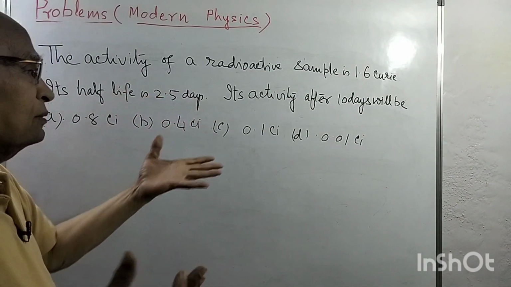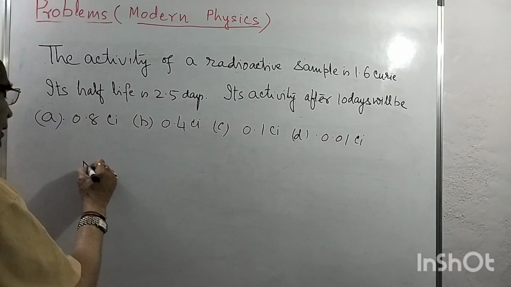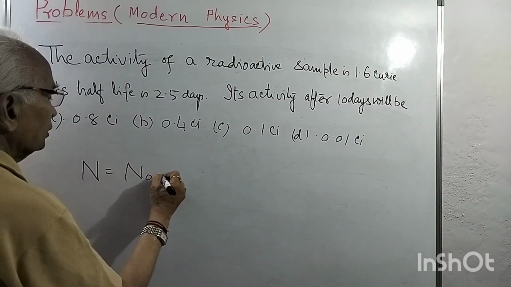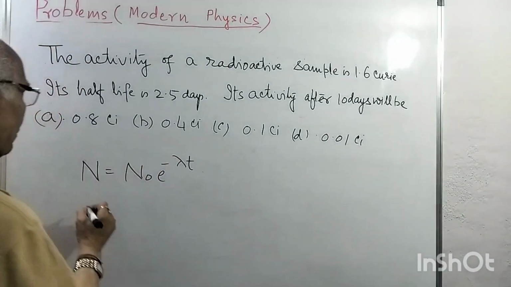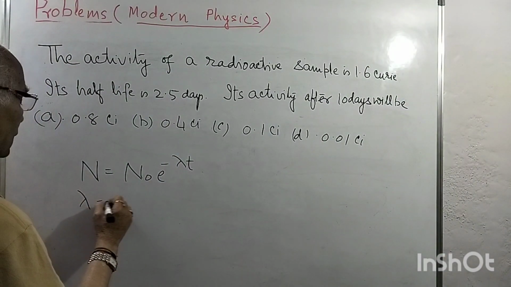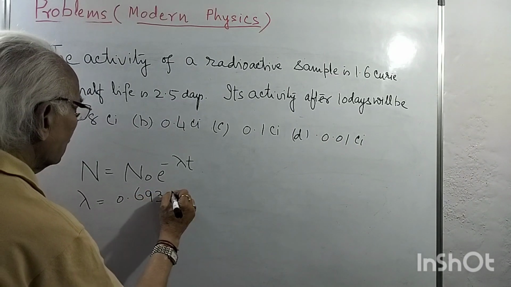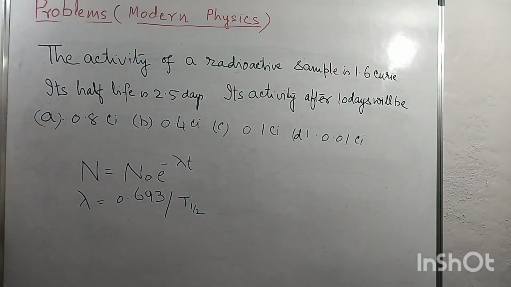To solve this, you use the simple radioactive decay equation: N is equal to N naught e to the power minus lambda t, where lambda is 0.693 upon half-life, t half.